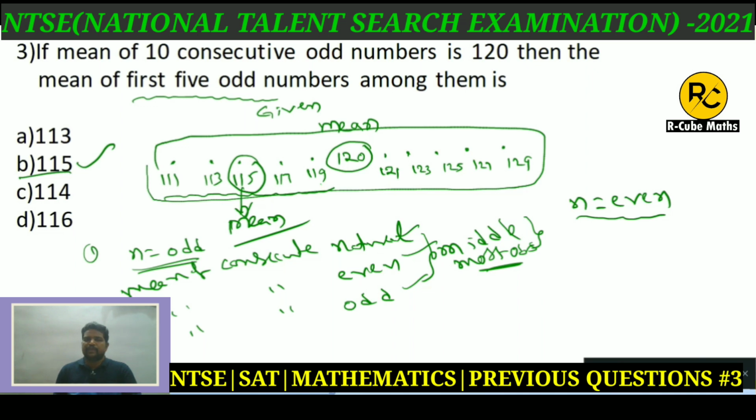The middle 2 observations are 119 and 121, and the mean of these 2 is 120, which equals the mean of all 10 observations. Remember this very useful fact. Like this we can find answers easily.